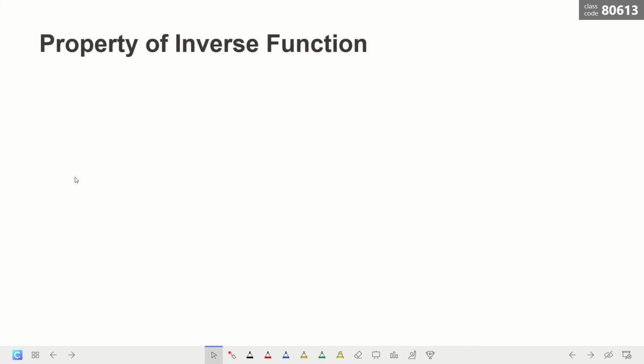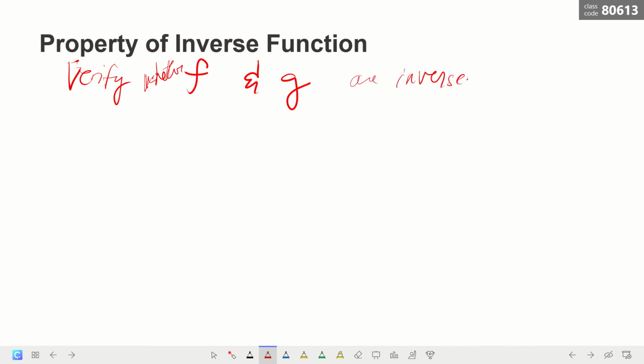So, what are the properties of inverse functions? For example, we are given two functions, f and then g. So, how do we verify whether f and g are inverses of each other?